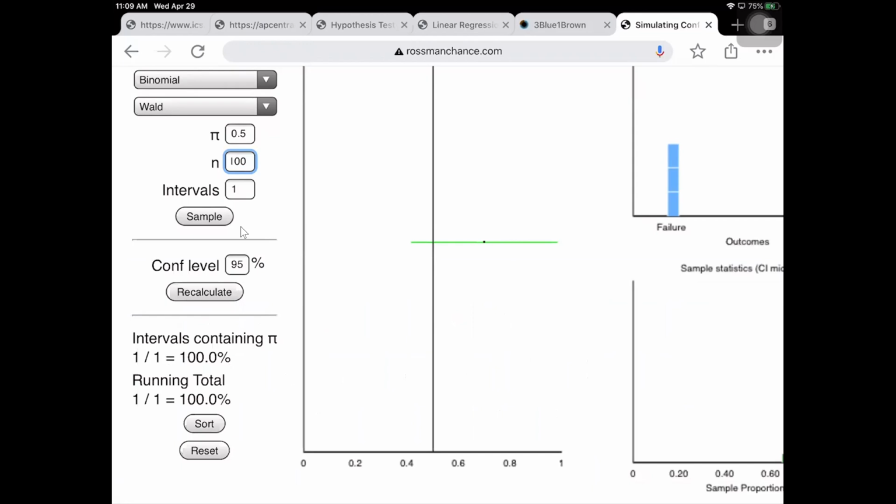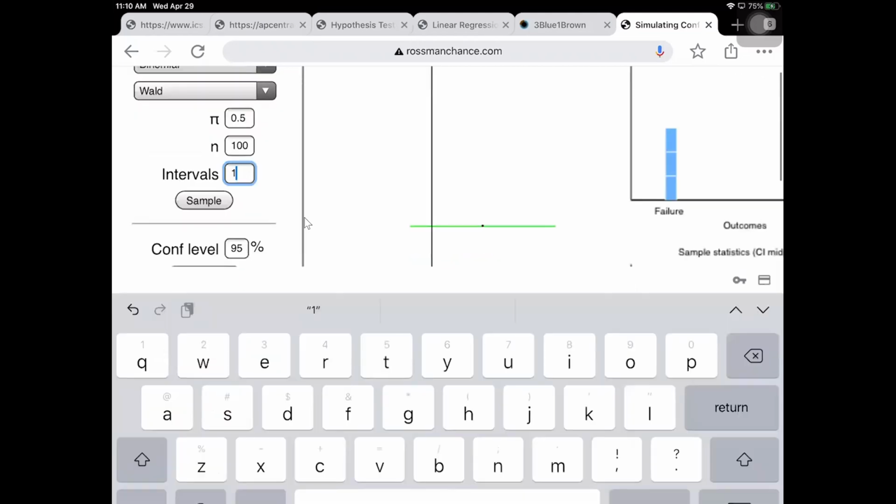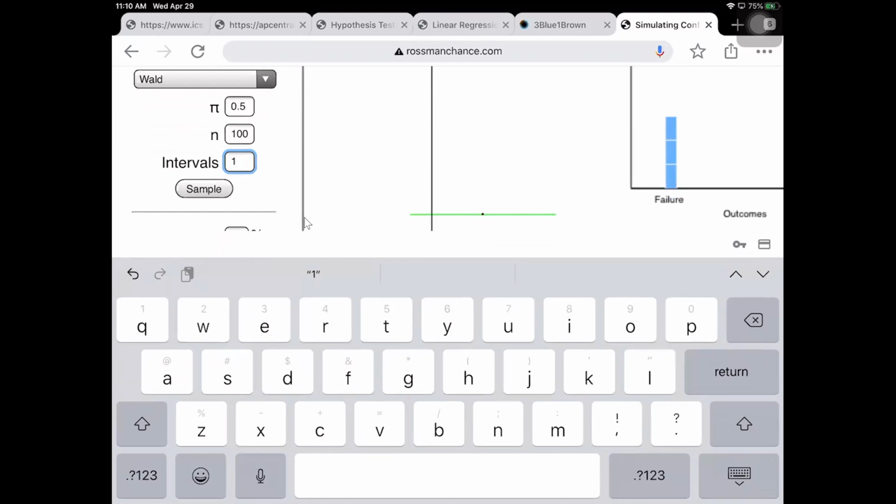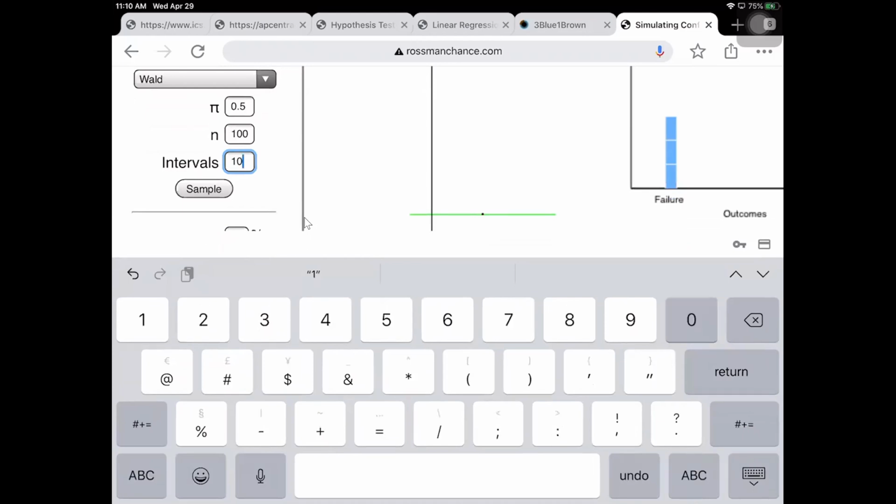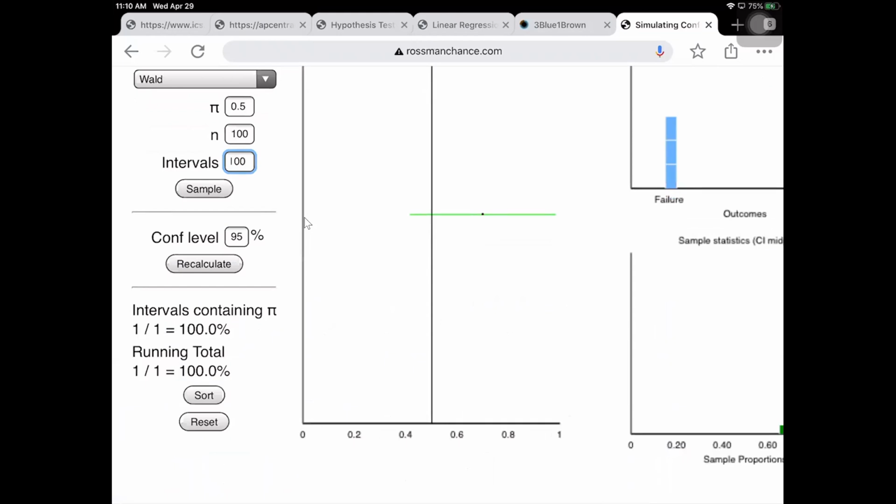So the method is that we're not getting one sample and just relying on that one sample. We want to get multiple samples, and that way we can get a more accurate reading. So technically, we're not just doing one confidence interval, you're doing many confidence intervals. Because the confidence level also represents how confident we are in this method.